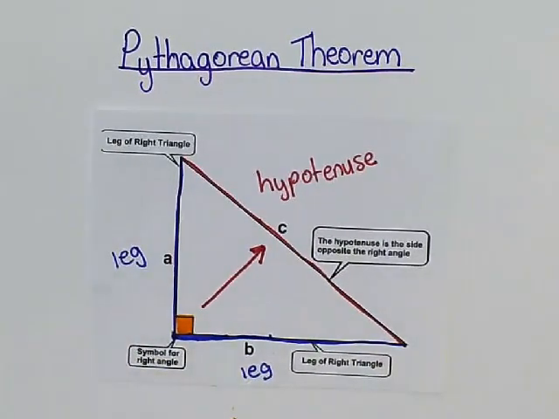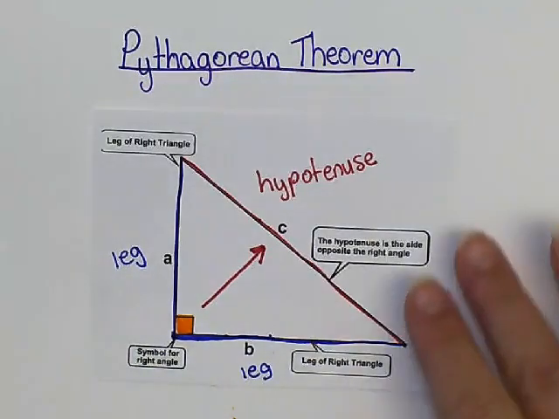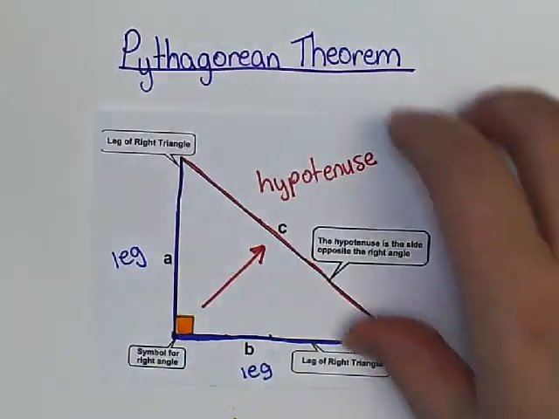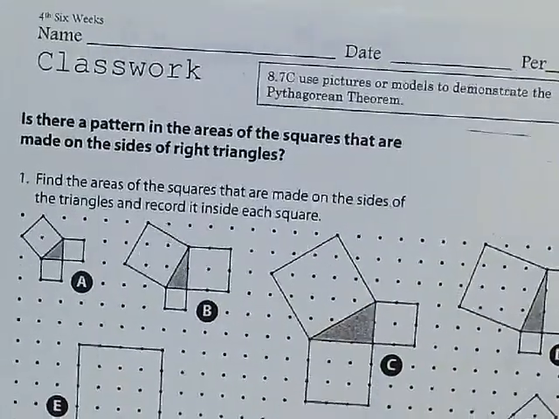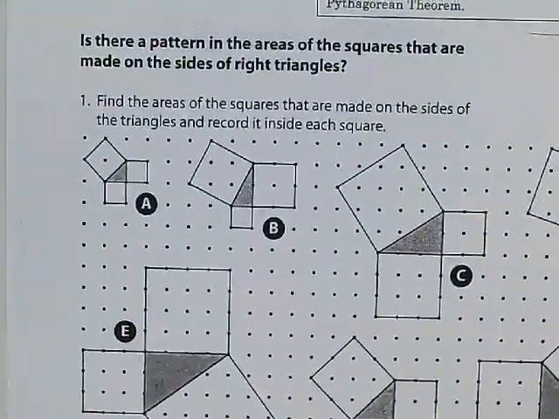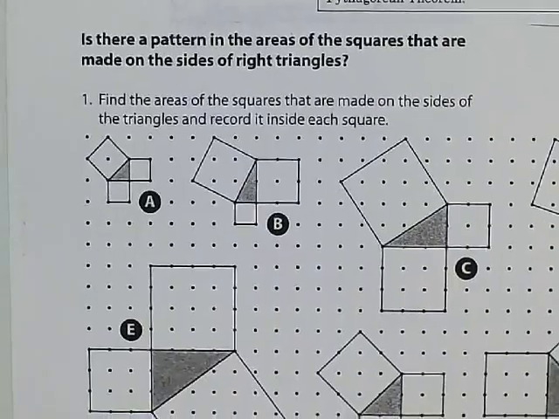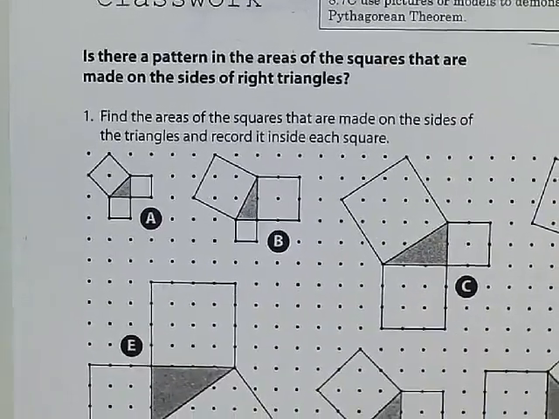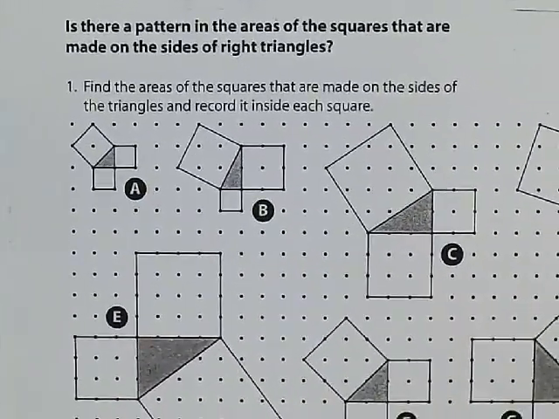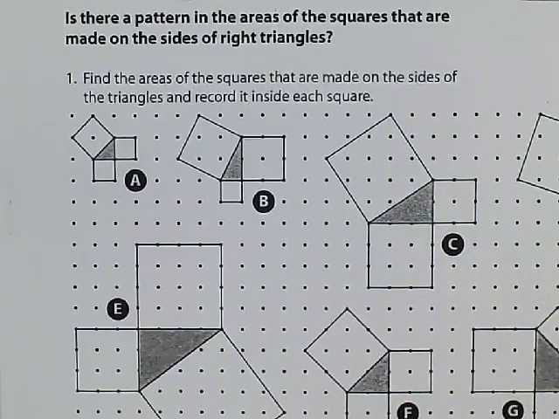So the first thing we're going to look at is this sheet right here. And we're going to investigate the areas of the squares of right triangles. So go ahead and get this paper. And our goal is to figure out the pattern of the areas of the squares.